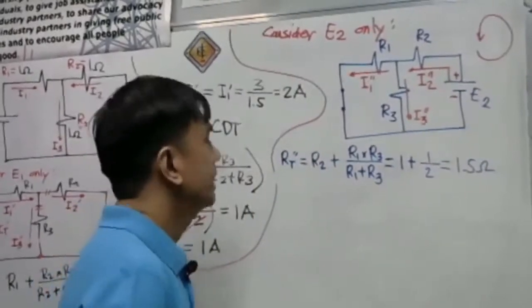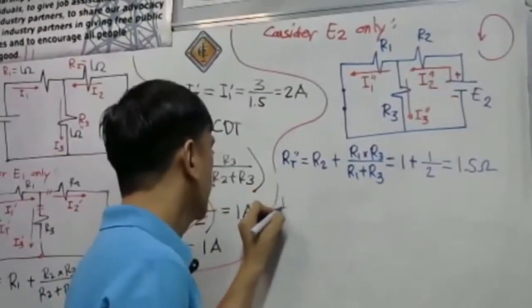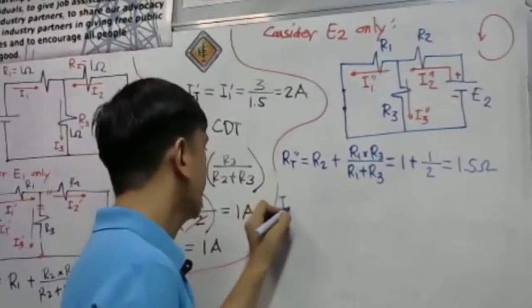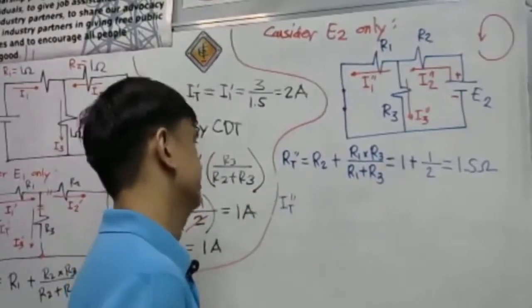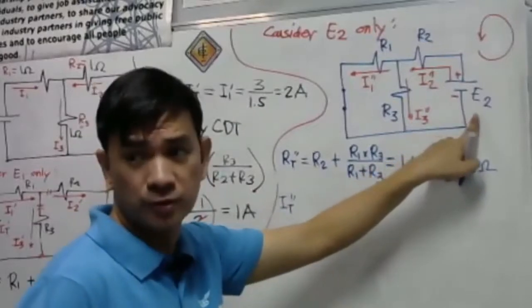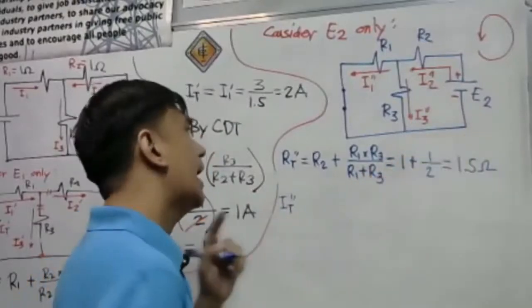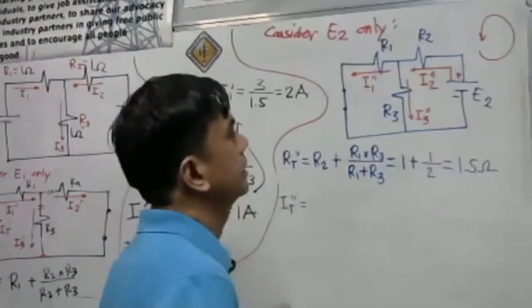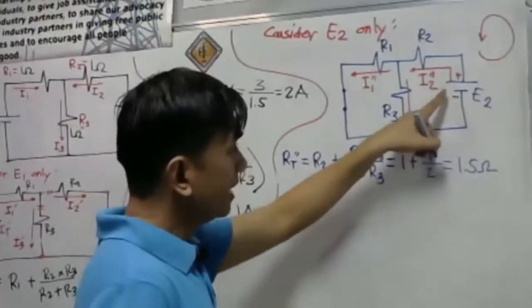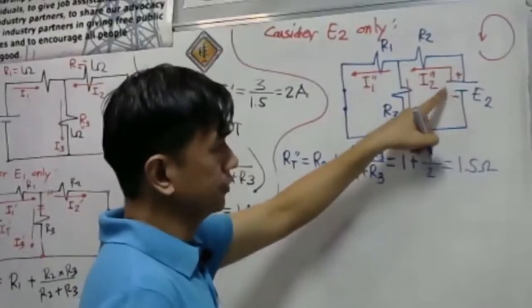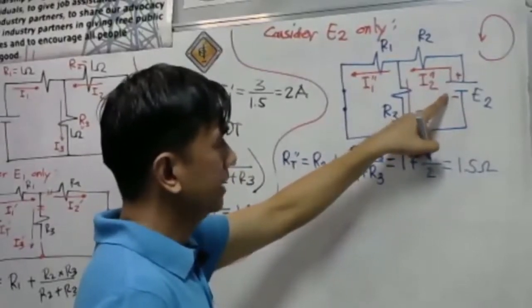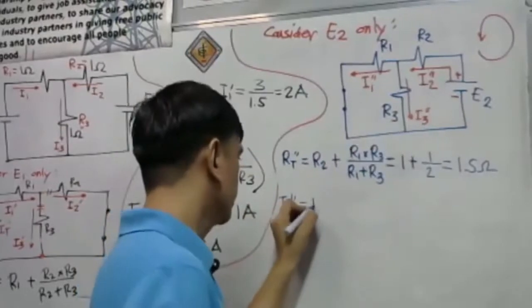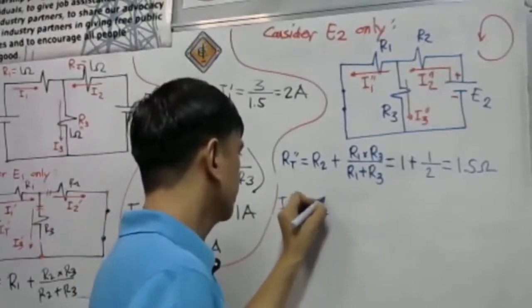Now, let us have our I total double prime, considering our E sub 2 only. The I2 double prime, guys. So that is equal to what? Simply, that is the current that will be coming from the E sub 2 source, and that is simply equal to I2 double prime.